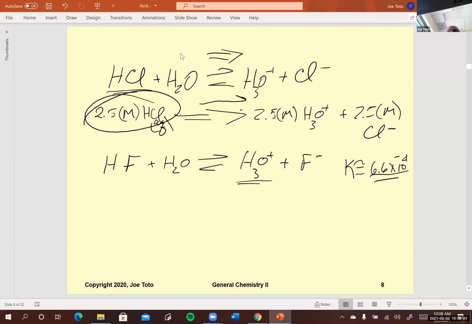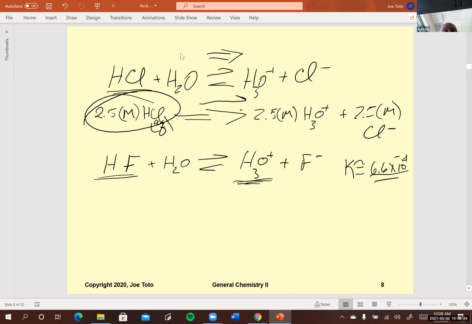So it's around that, 6.8, 6.6, depends on where you get your value from. But it's small. And that means that less than 5% of this guy is dissociated. So you got 95% HF in there and relatively little amounts of H3O plus. All right, so how does that tell us about the relative strength of the conjugates?